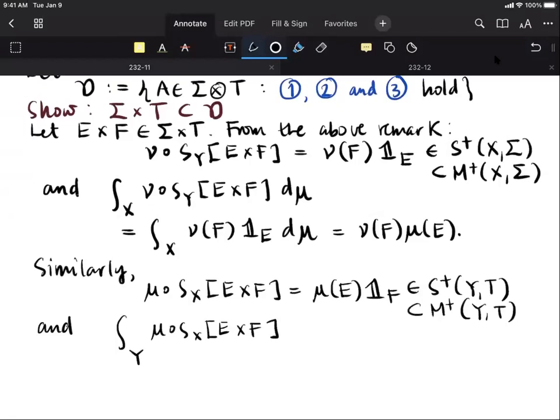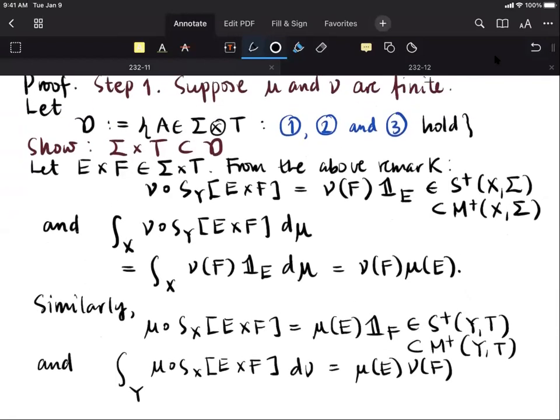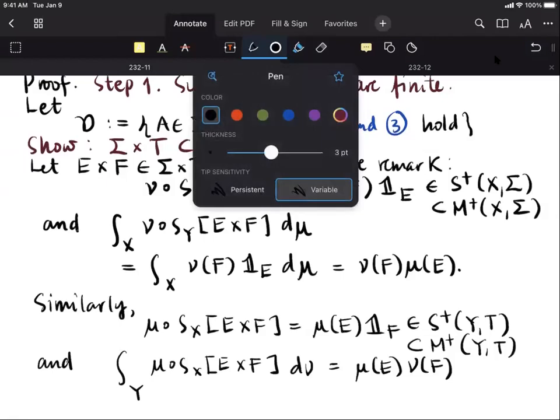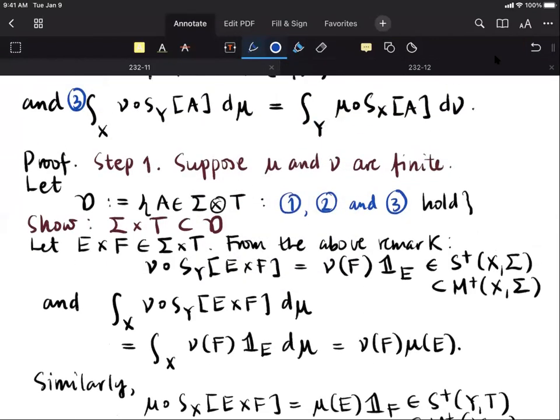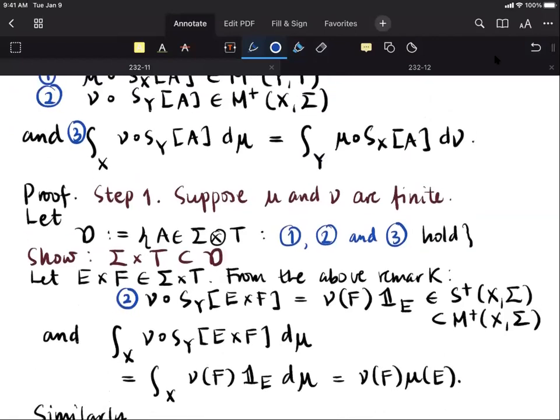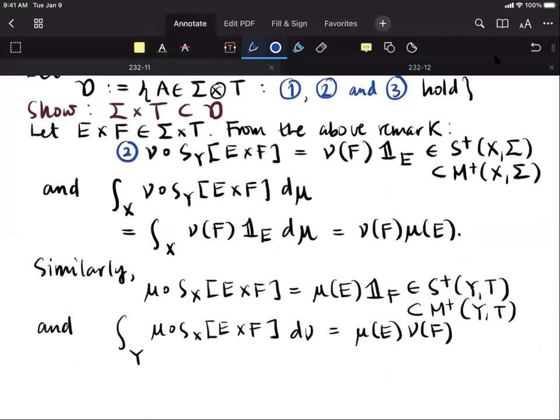And this is the same as mu of E, nu of F. So if we label this, take note that this is the second. Yes, it's the second. This is the first.